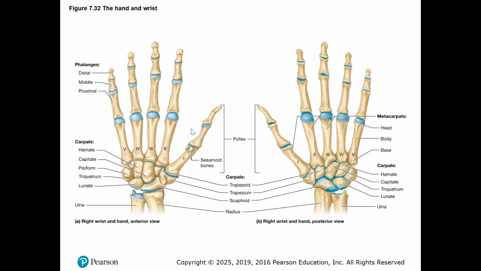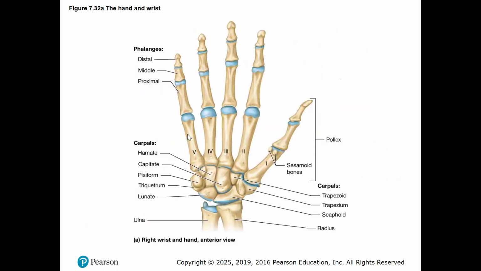Whereas this is the proximal phalange of the pollex, or digit 1. If the break was here on 5, it would be metacarpal 5, and so forth and so on. So it gets very specific when we talk about medical terminology.